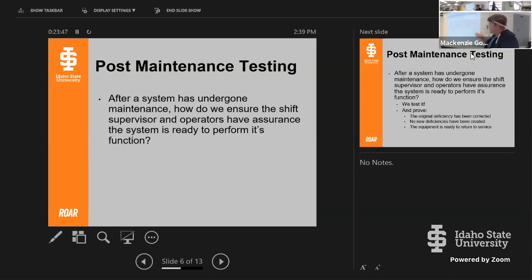Okay, so we talked about this a little bit, right? Before we can remove our temporary mod, we have to ensure the shift supervisor and operators believe the system is ready to perform its intended function. Everybody online, how do we do this?